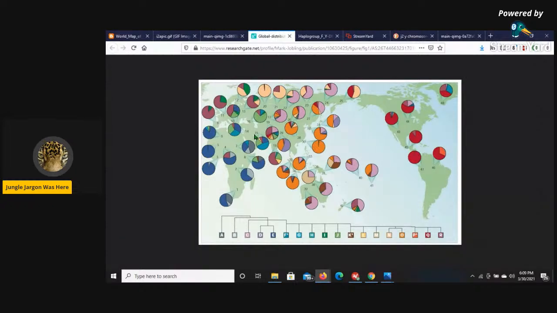Anyways, I'm pretty confident that more investigation, more study will confirm the sons of Shem, the Semitic Y chromosomes, that they all have names and names of real people that we're all descended from eventually.